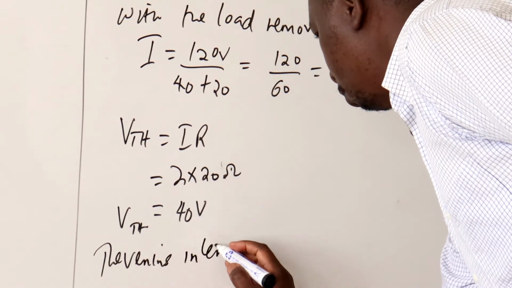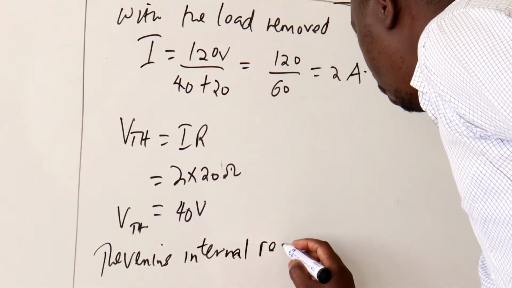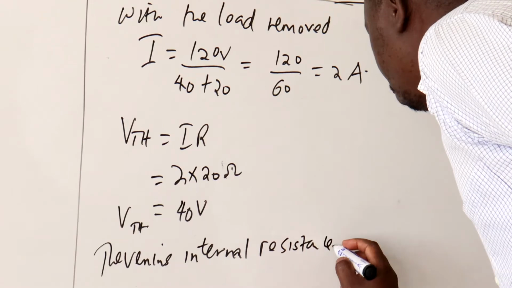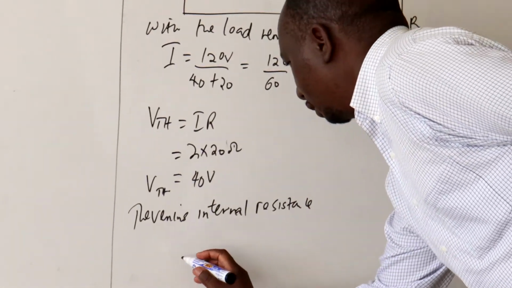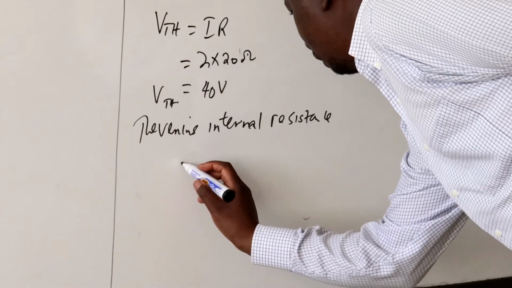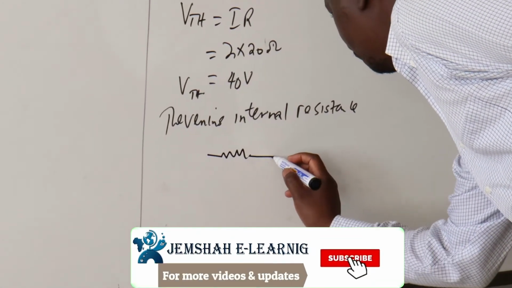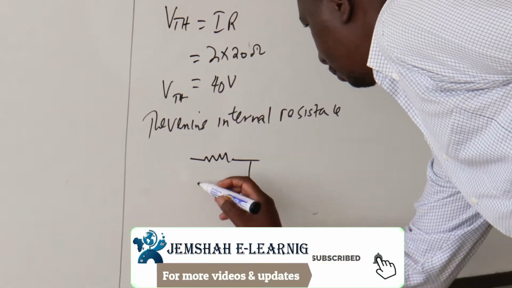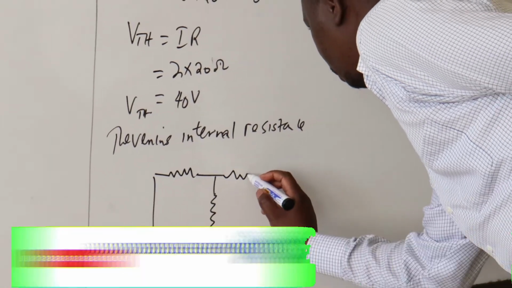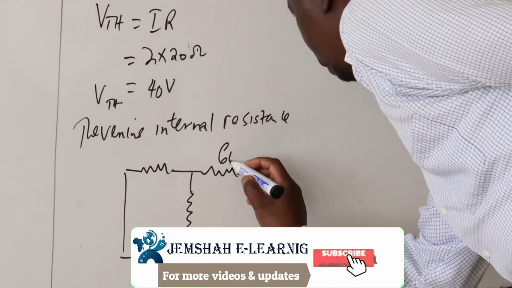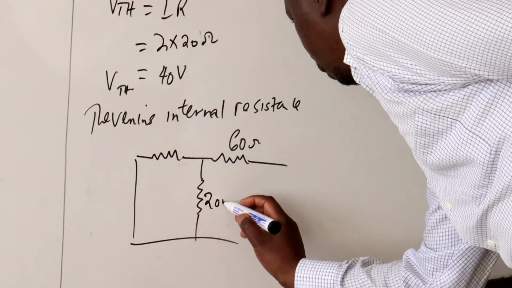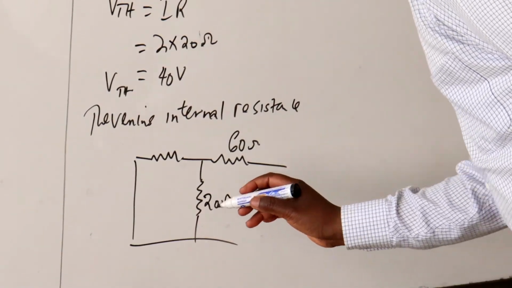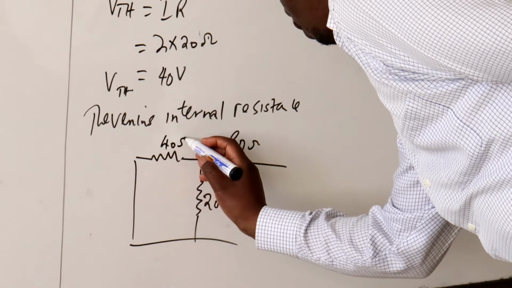Then from there we determine the Thevenin's internal resistance. Thevenin's internal resistance is determined from this circuit. We now draw the circuit. So this is 60 ohms, this is 20 ohms, this is 40 ohms.